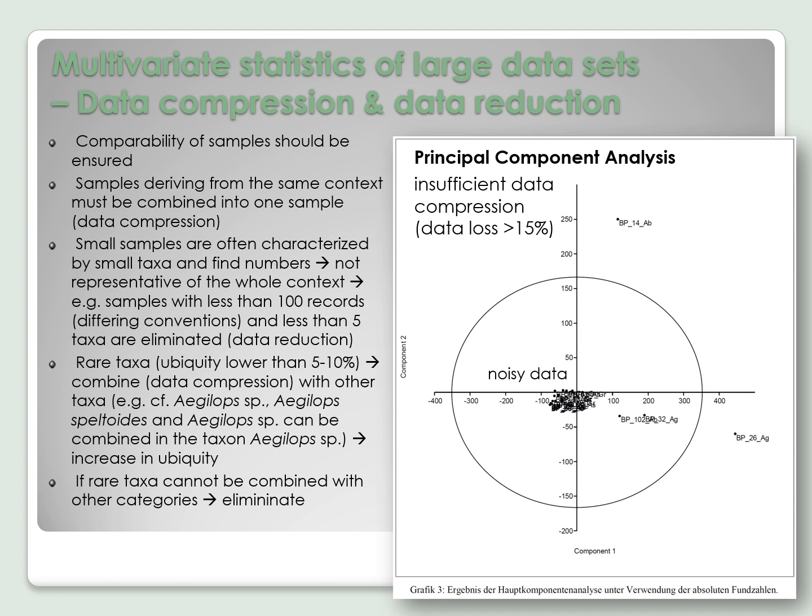It is also important to know that the step of data manipulation may have a larger effect on the final result than the statistical method applied. Therefore, a number of archaeobotanists disclaim multivariate statistics with the argument that statistics would falsify the results.